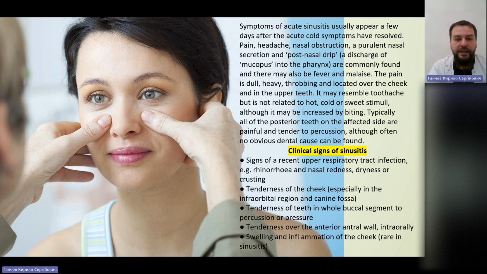Intraorally, swelling and inflammation of the cheek are rare in sinusitis.